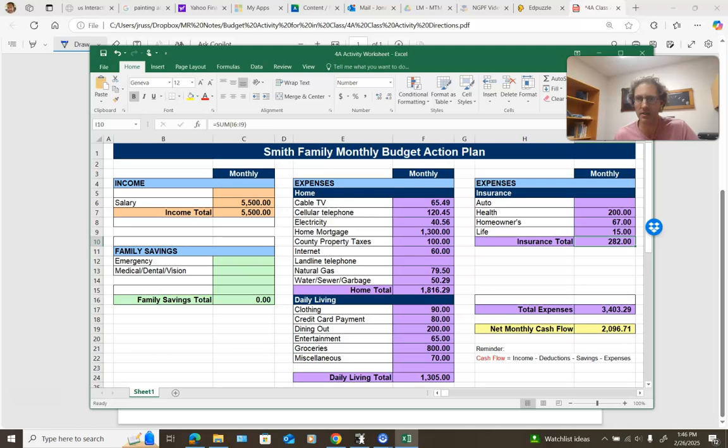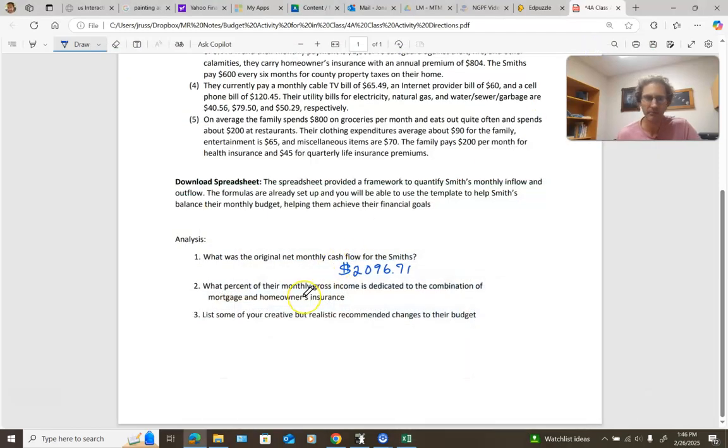So this will be $1,367. Okay, so they're spending $1,367 per month on homeowners insurance as well as their mortgage.